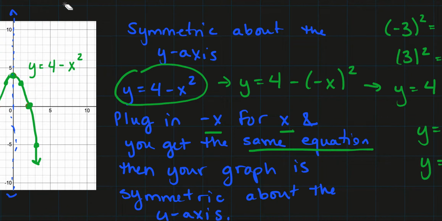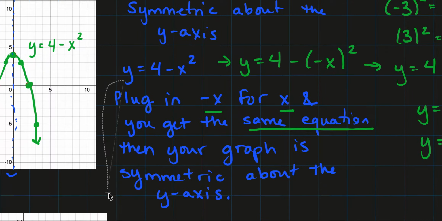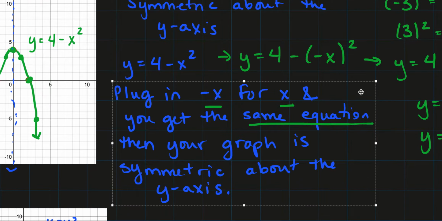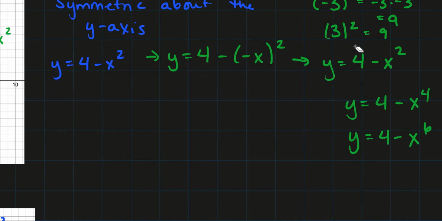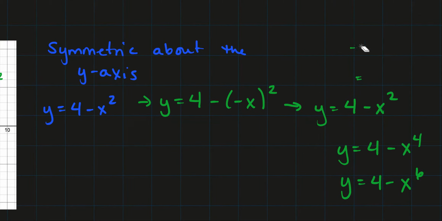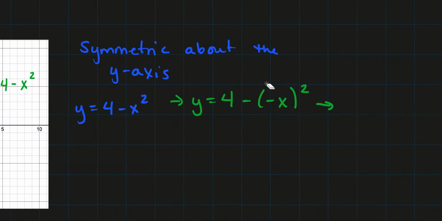Something else I could ask you about a graph that's symmetric about the y-axis. Now notice, what I just said was, if you plug in a negative x, you'll get the same thing for y, right? Because when we plugged in negative x, the negative went away.